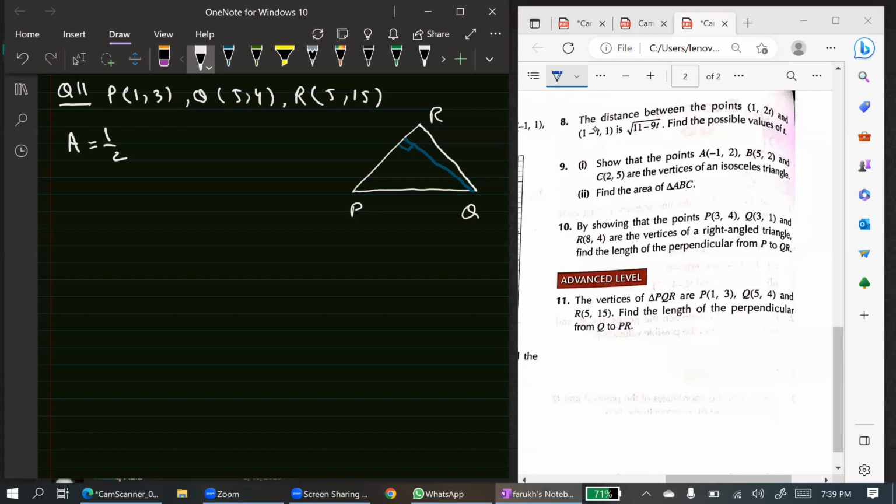Area is equal to half. P is (1,3), Q is (5,4), R is (5,15), and back to (1,3). We will use the shoelace formula.